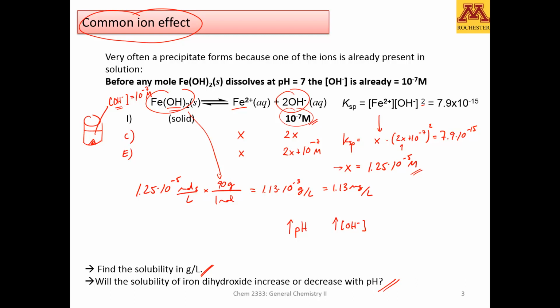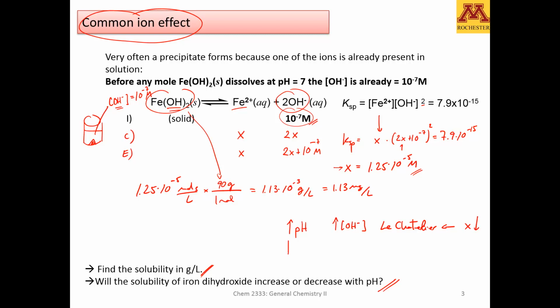Okay, if you increase the concentration of OH negative, you don't need to solve the cubic equation again. You can apply just the Le Chatelier principle. You are adding products to the reaction, so by Le Chatelier, the reaction will displace to the left. In other words, there will be less solid that will dissolve, so the solubility will decrease.